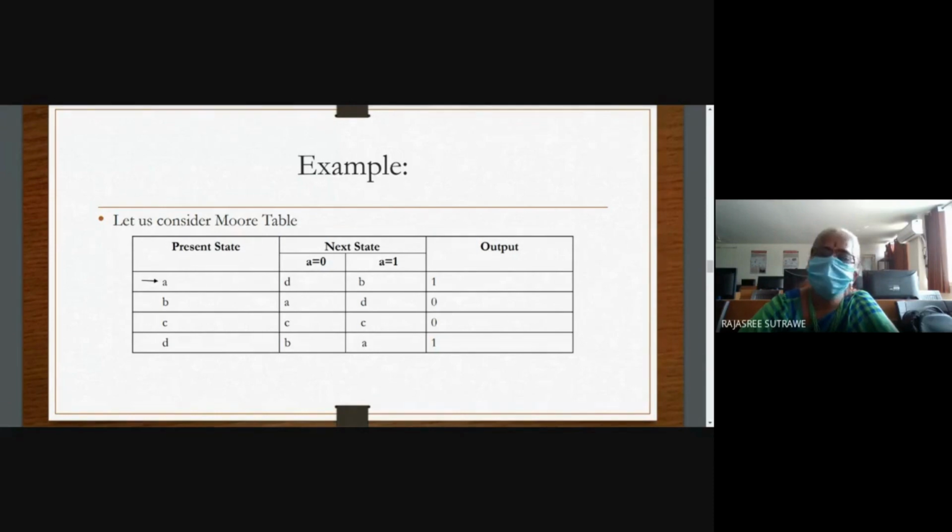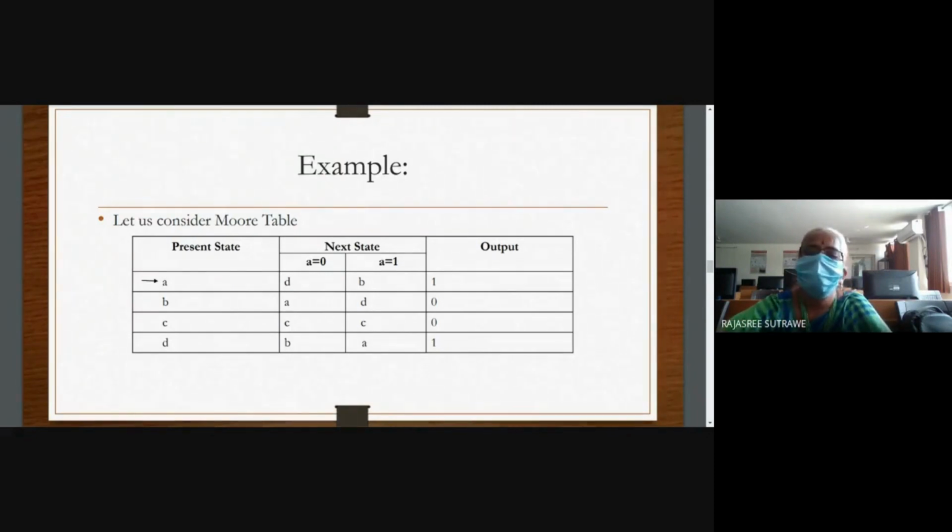Then D output is 1. C output is 0. B, for this B, what is the output? For B also output is 0. For A, what is the output? 1. So this is our Mealy machine.